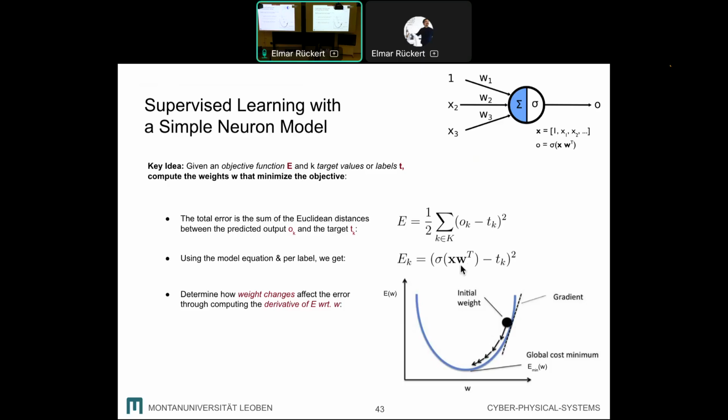And this question is called computing the derivative. If you would increase the weight, is the error higher or is it lower compared to this previous number? With this information, you can actually say, okay, now I know that I have to increase my weight number 3. Then the error will be lower. So you have a gradient.